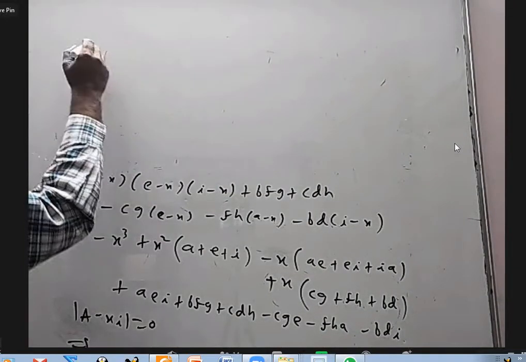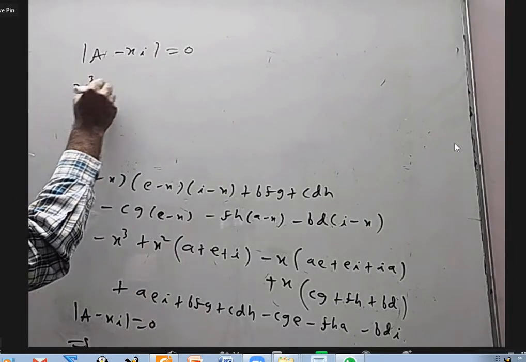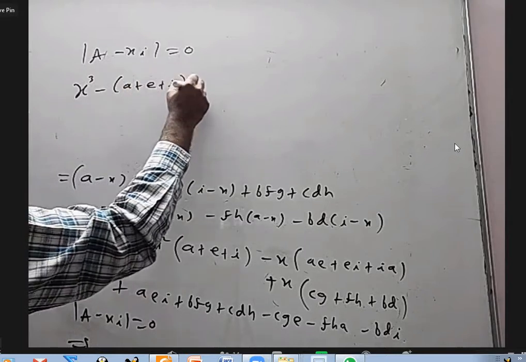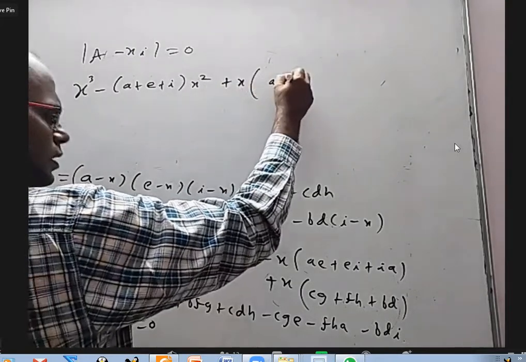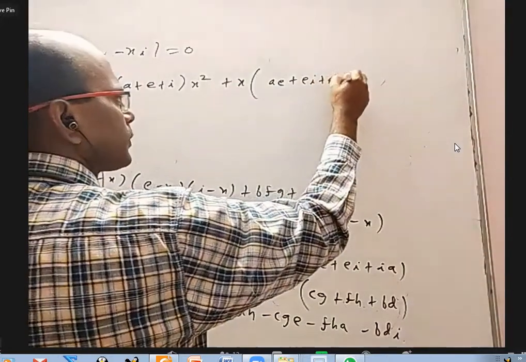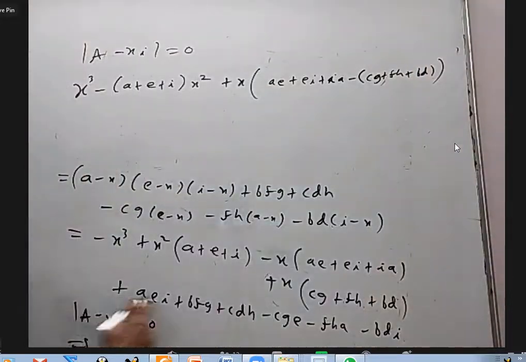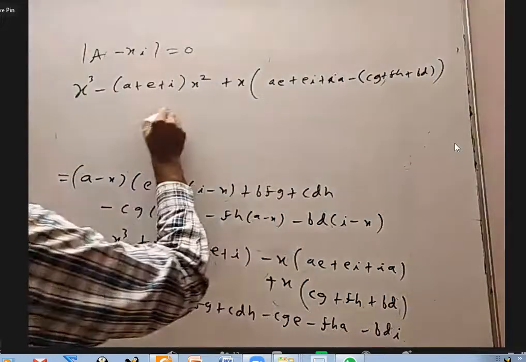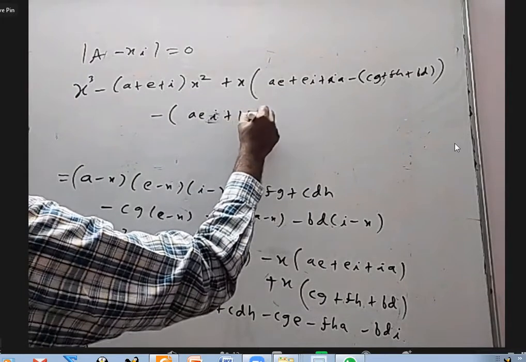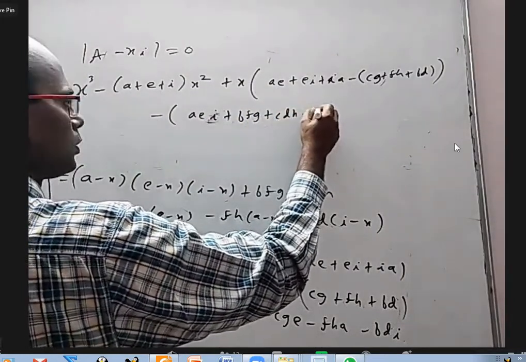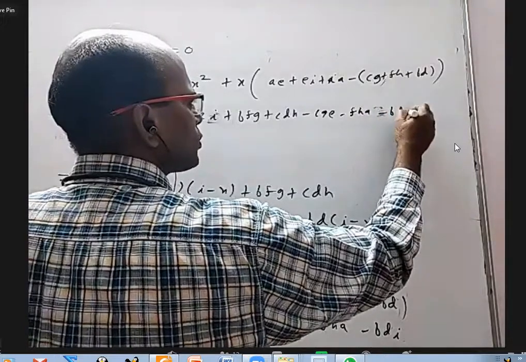If I take det of A minus XI equal to 0 and multiply with minus, it is going to give me X cube minus (A plus E plus I) into X square, plus X into (AE plus EI plus IA minus CG plus FH plus BD), minus AEI plus BFG plus CDH minus CGE minus FHA minus BDI, equal to 0.